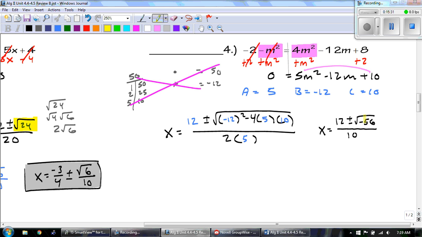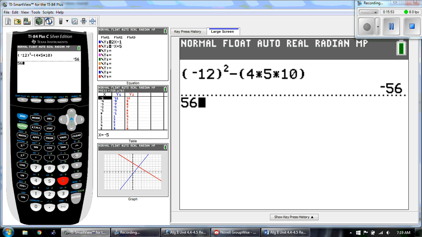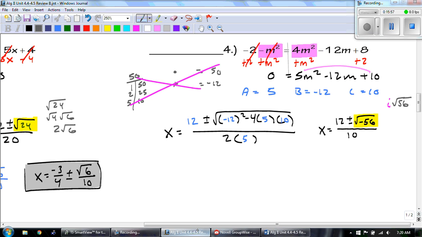We have to break down the square root of negative 56. The first thing I know is that there's going to be an i out front, and now we have to break up 56. The highest perfect square that goes into 56, I think, is 4. Yeah, 4 and 14 is the only combination.